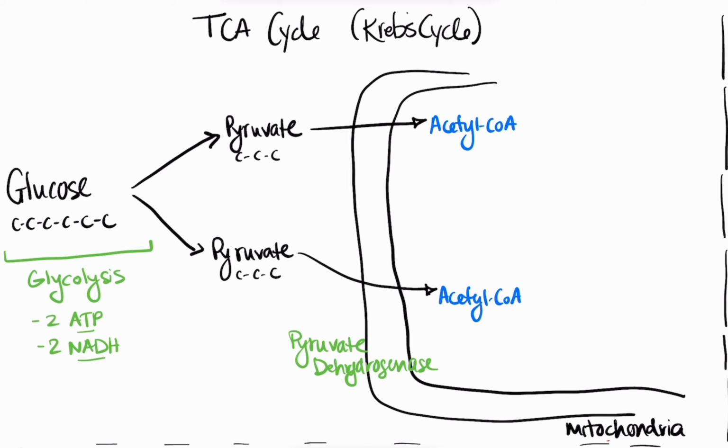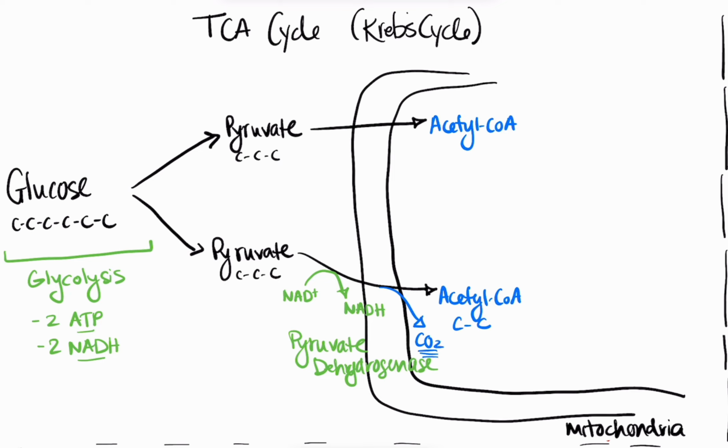It does strip 1 electron off, so we're able to get an NAD converted to an NADH at this step, at this conversion point. The other important thing to note is that this 3-carbon pyruvate is going to turn into a 2-carbon acetyl-CoA. So in the conversion, we are also going to strip off a carbon dioxide.